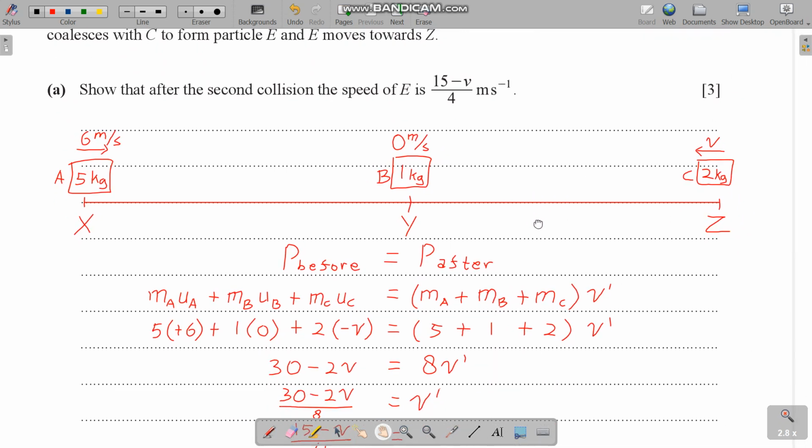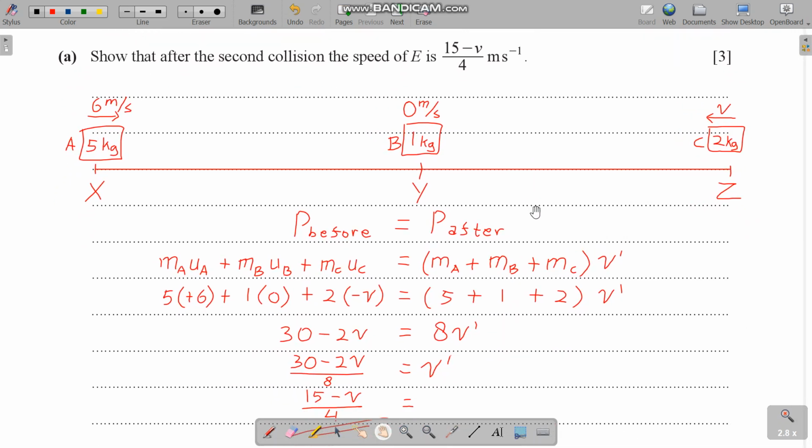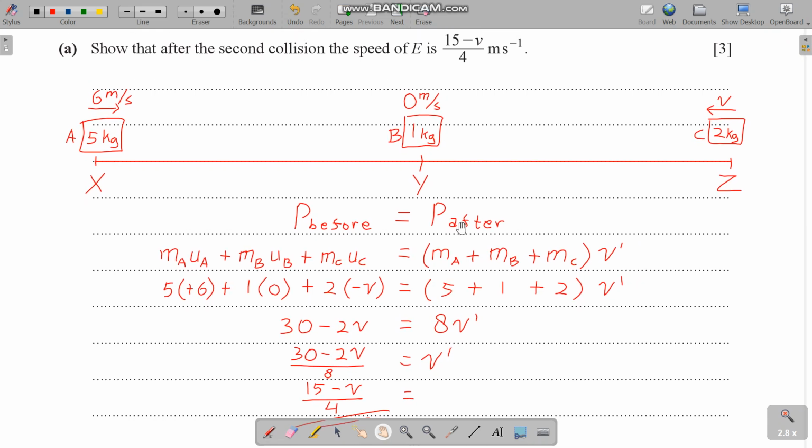So show. The first step here is to use the conservation of momentum. Momentum before equals momentum after. For the momentum before, we use momentum is mass times velocity. Mass A, velocity A, we use plus 6 because it's to the right, and B is stationary. C is moving to the left, so negative.